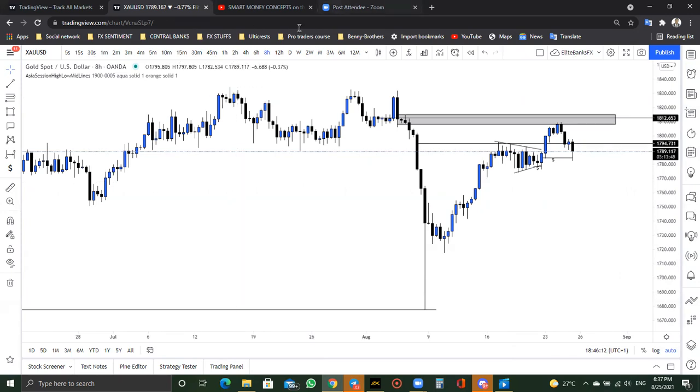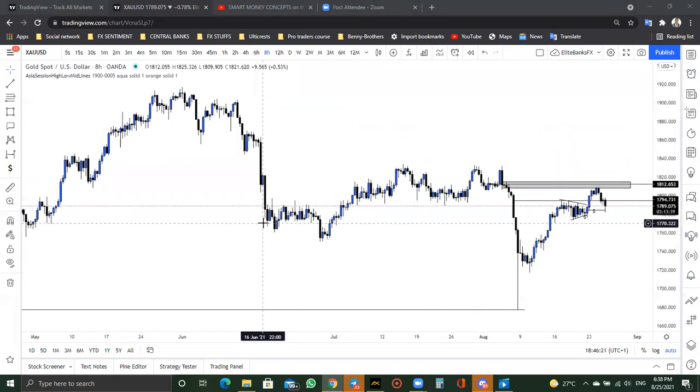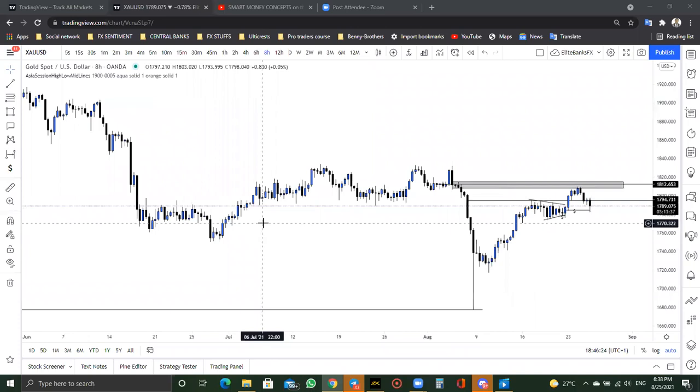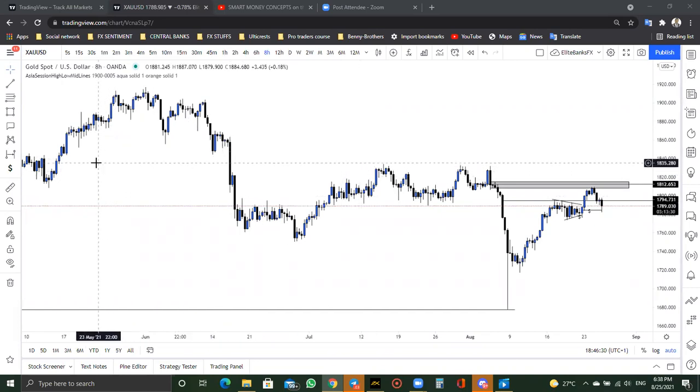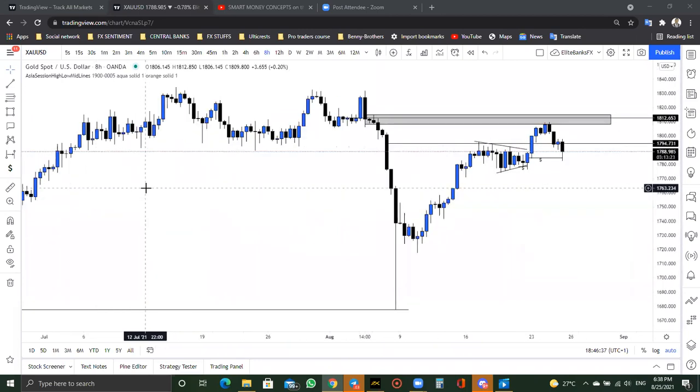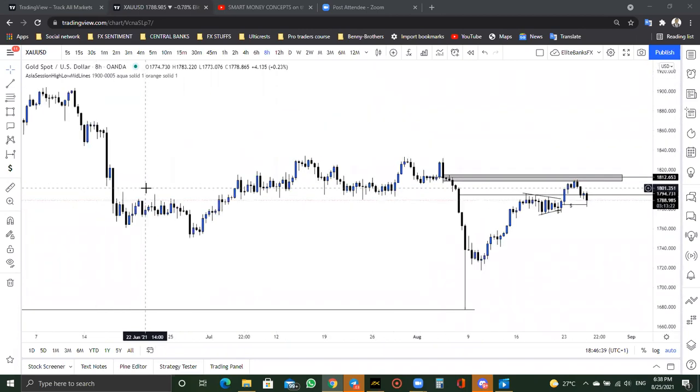So Desmond, my question is, what do you do if you have a similar setup on both the buy side and the sell side? And my second question is, how do you move to the smaller time frame?